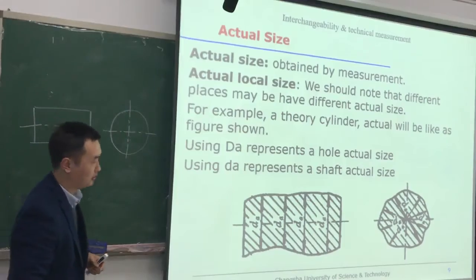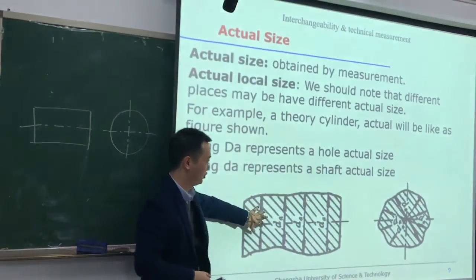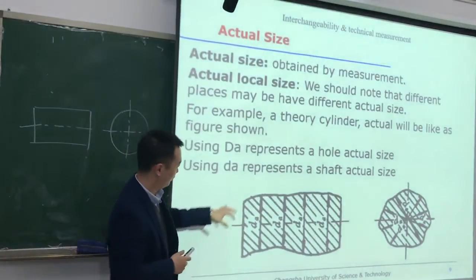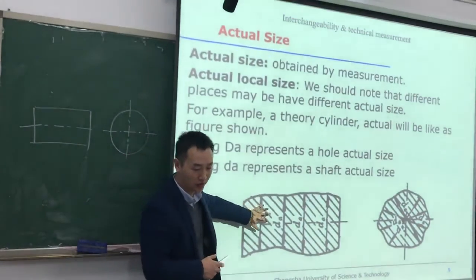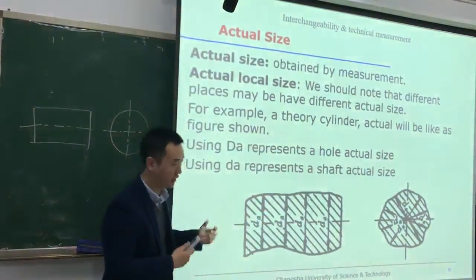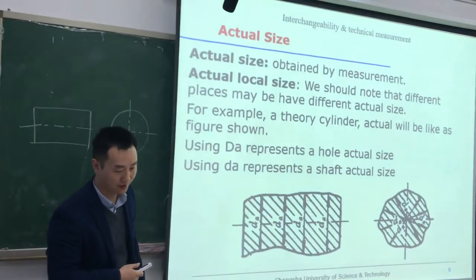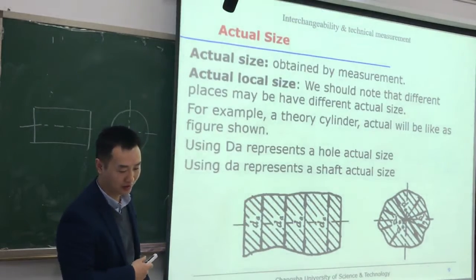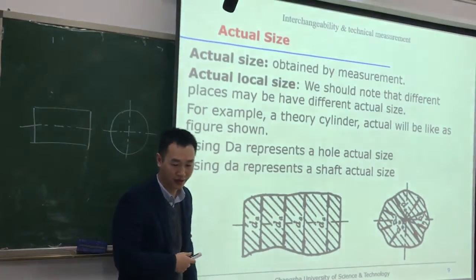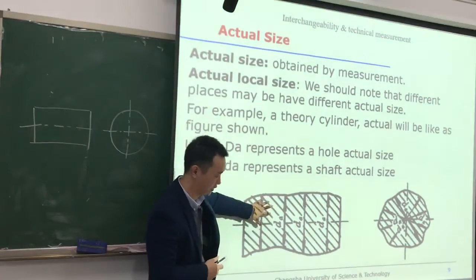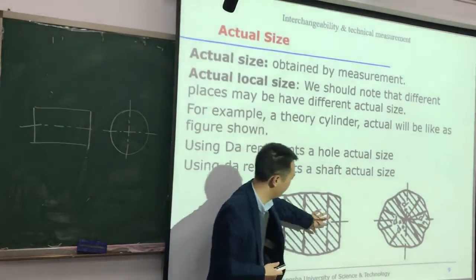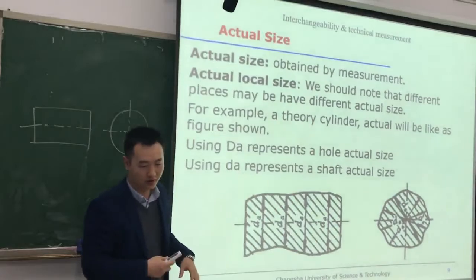So when we use instruments to measure the size, we should know that if we measure at different places, we will get different actual sizes. For this example, the theoretical cylinder, the actual shape may look like this. We measure here and here, and we get different values.